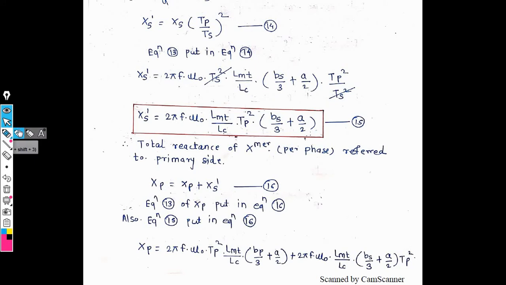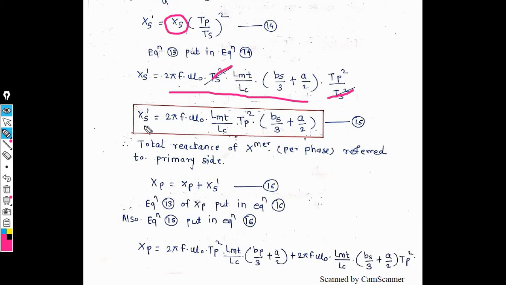Then put the values of X. X's value is put here: 2 pi f into mu 0 into Ts square into Lmt upon Lc into Bs upon 3 plus A by 2 into Tp upon Ts square. Then Ts square gets cancelled.